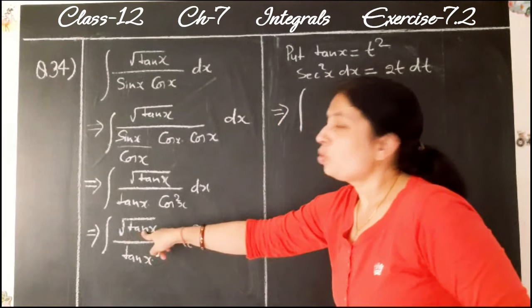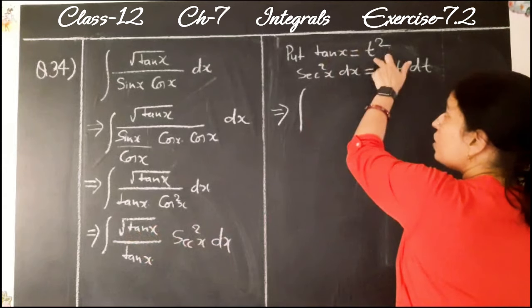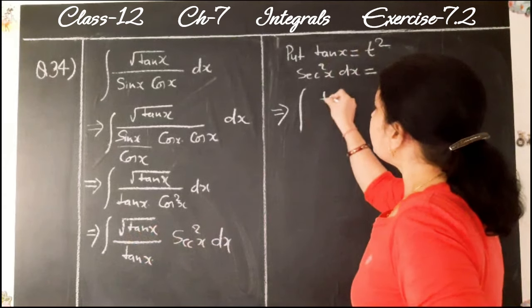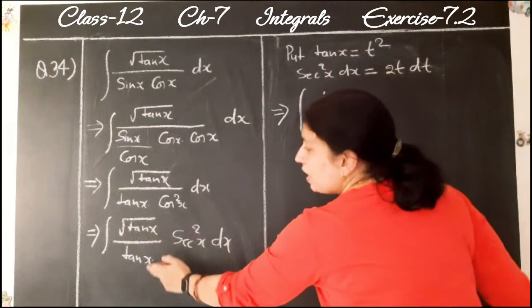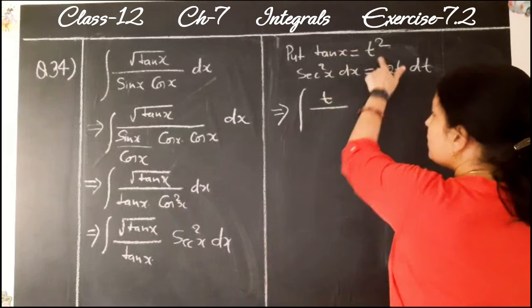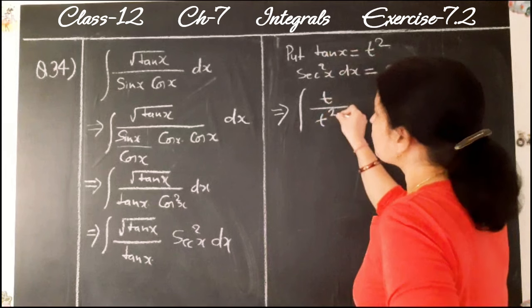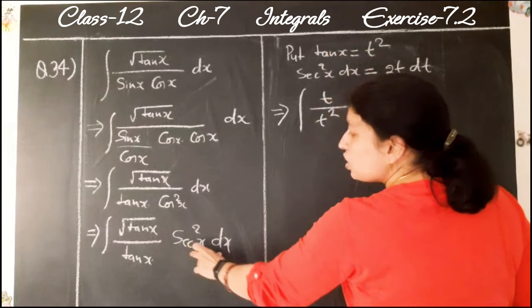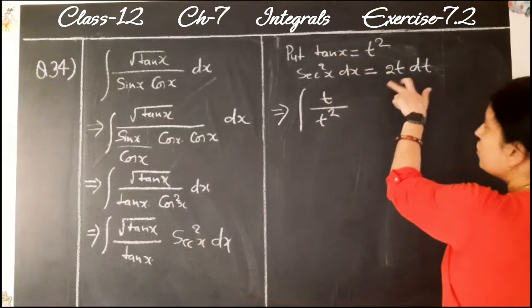Here it is given root tan x, and tan x is equal to t square. So it will be t, which is divided by tan x. Tan x is t square. So write here t square. And in place of sec square x dx, write 2t dt.